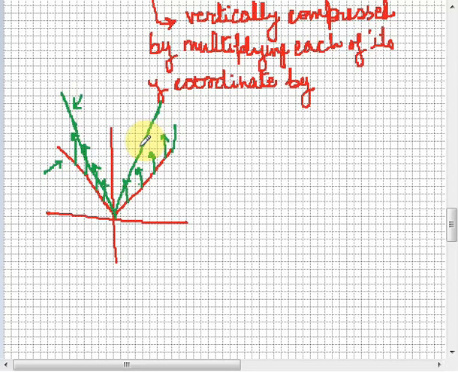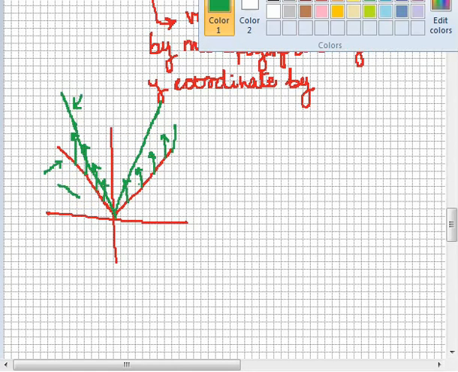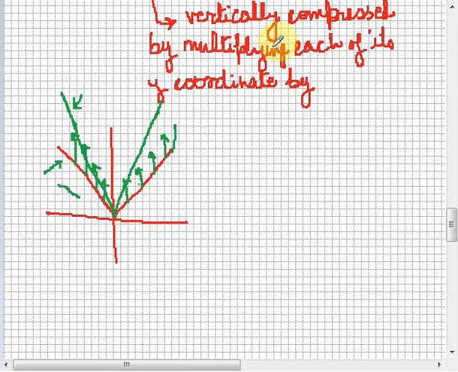Then what is vertical compression? If the new graph is like this, that is, every point is moving downward, then it is vertical compression.